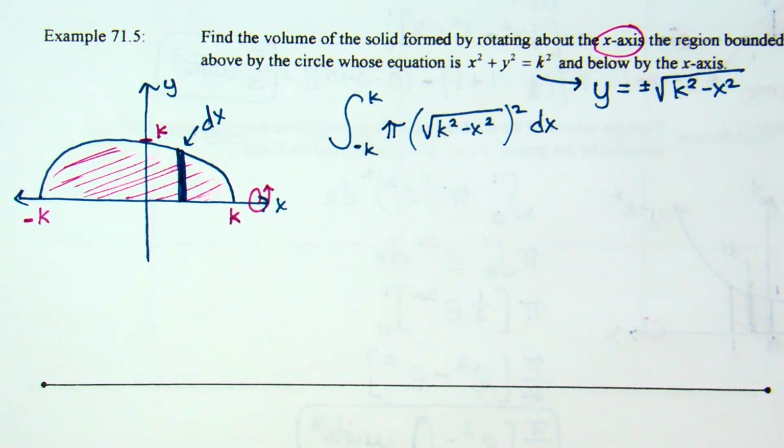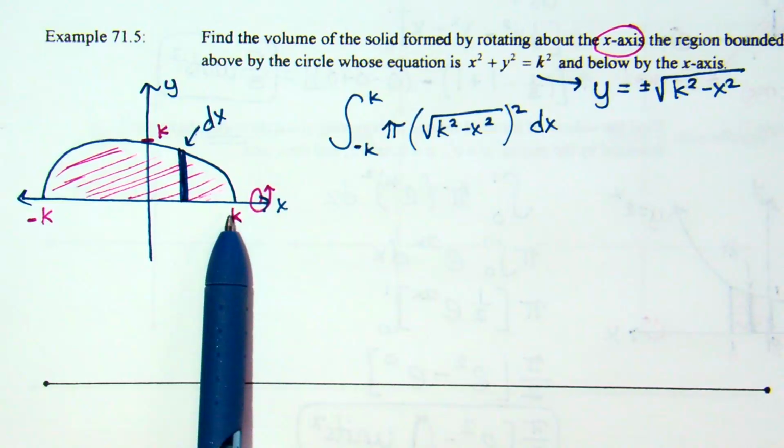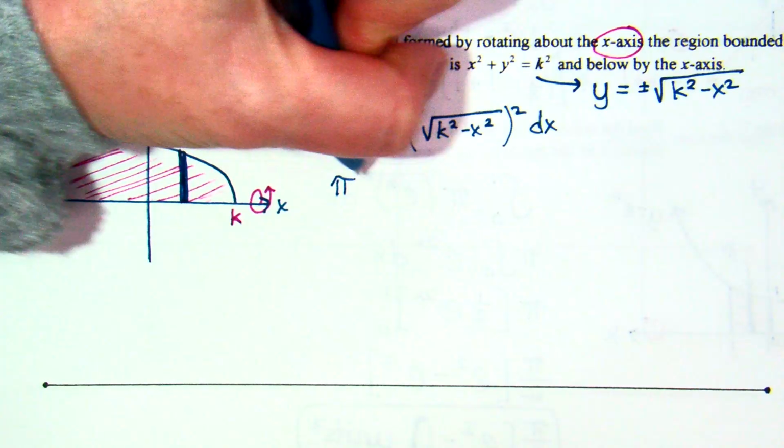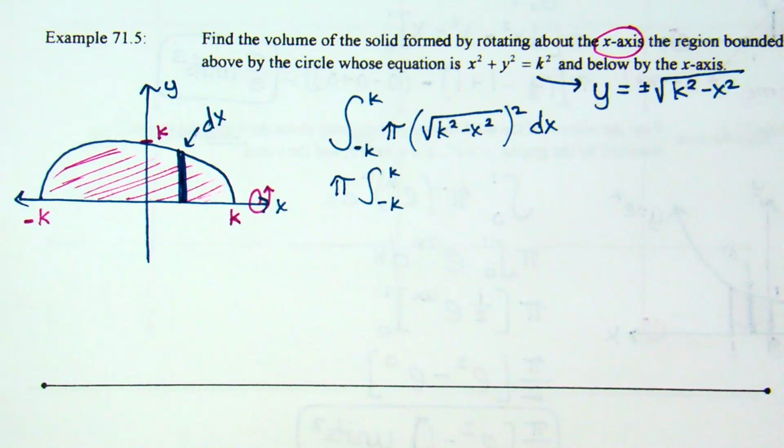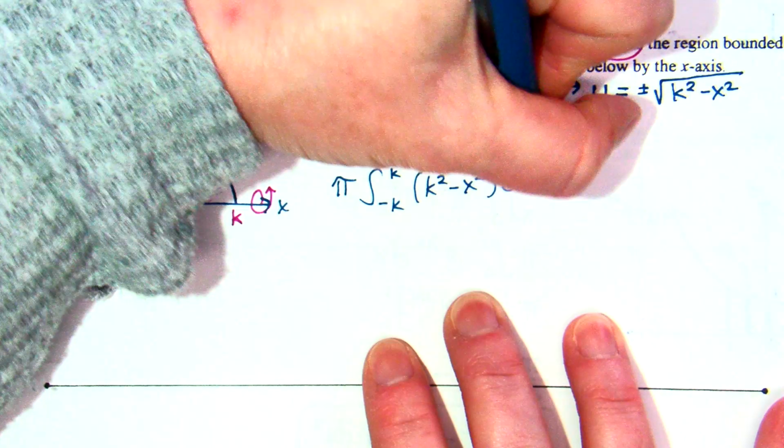Okay. So, I'm going to pull the pi out front. Pi times the integral from negative k to positive k. What happens when we square that square root? k squared minus x squared dx. Remember, k is a number, right?